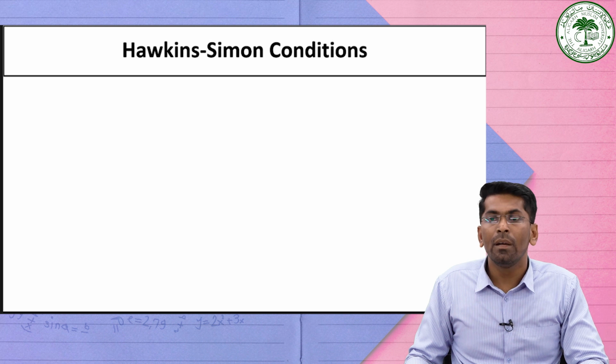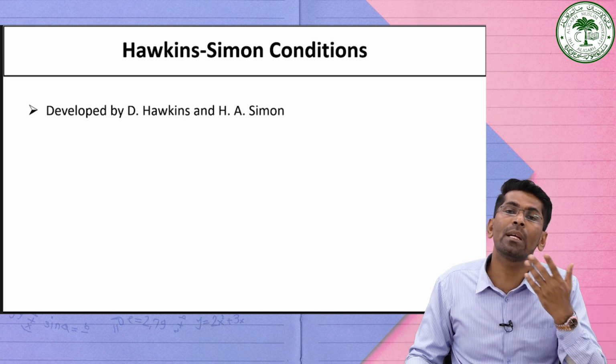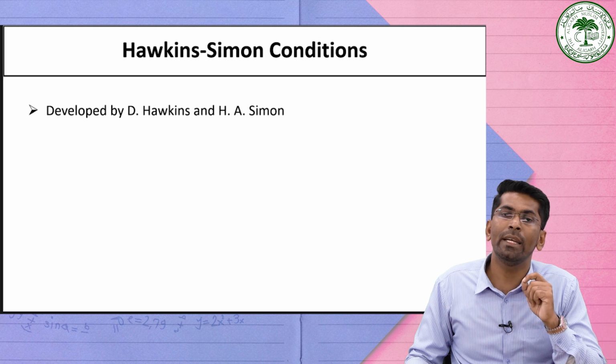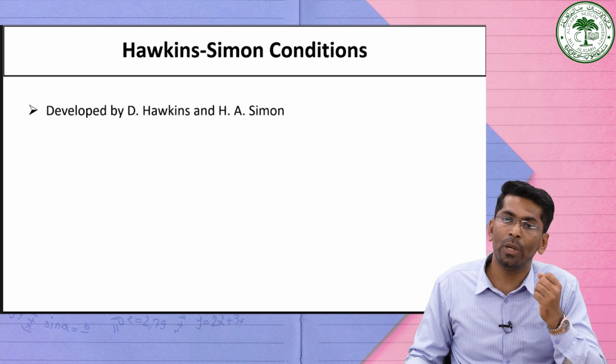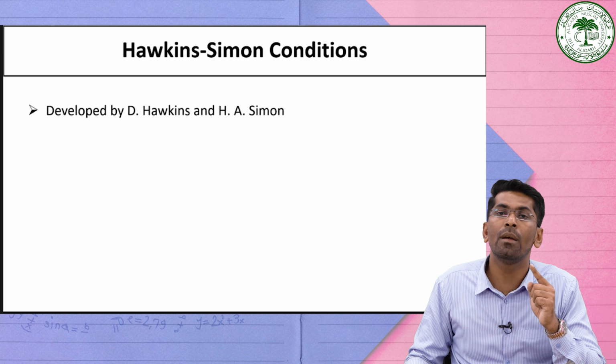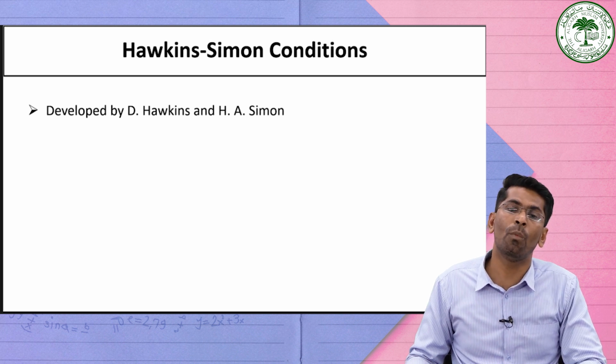So D. Hawkins and H. A. Simon introduced two conditions to overcome these problems. These are commonly known as the Hawkins-Simon conditions, and they describe a necessary condition for the existence of a positive solution for the Leontief input-output model.